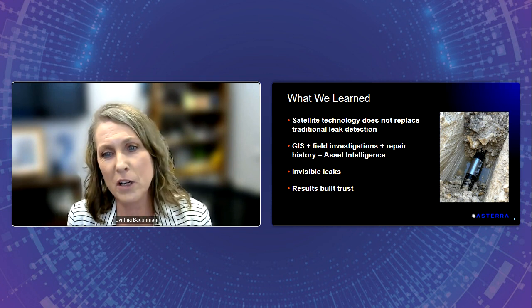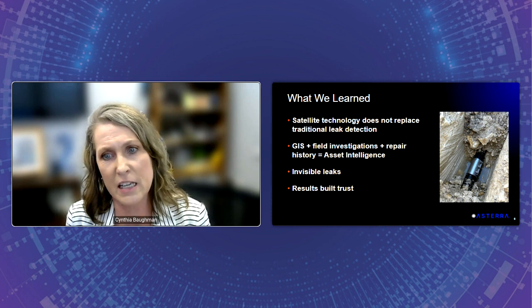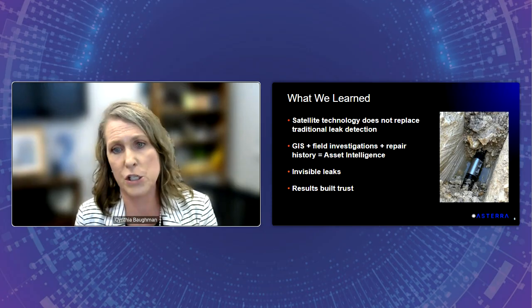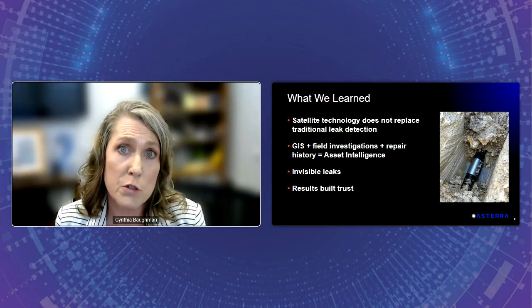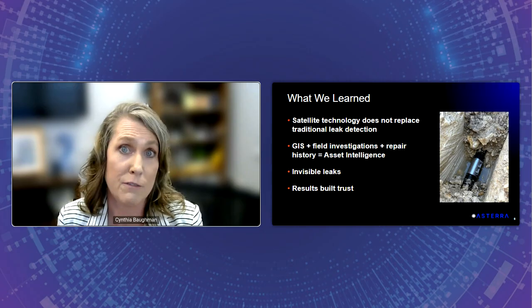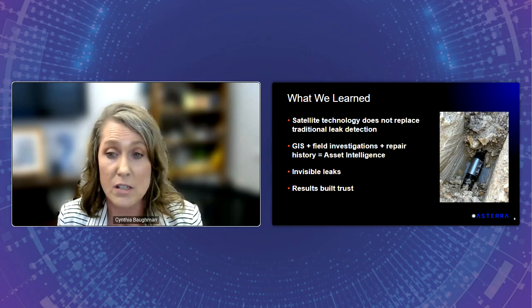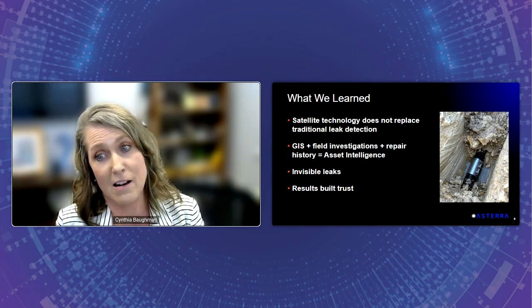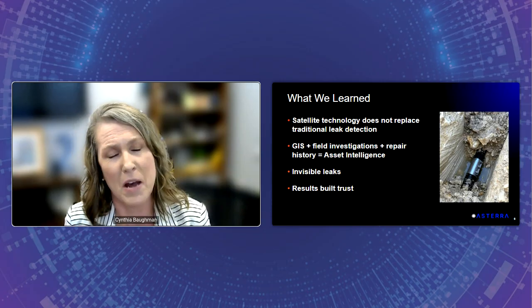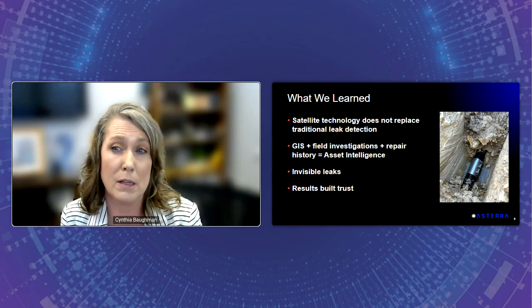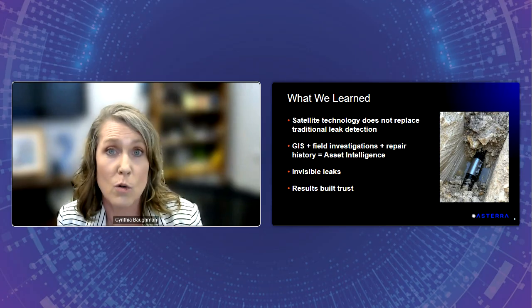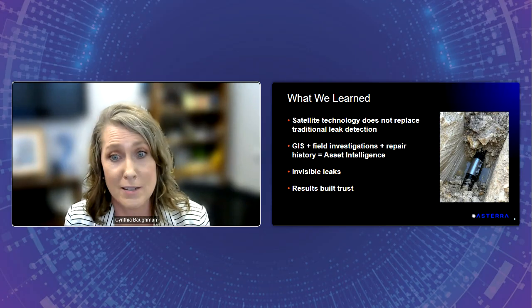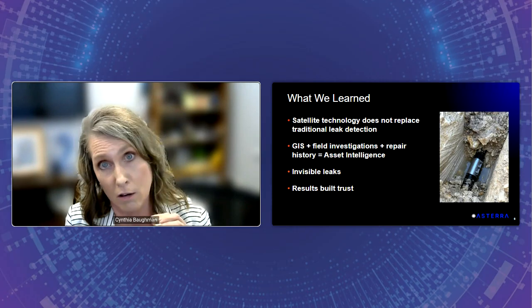We had boots on the ground identify this as a leak in November of last year. And our field crews were able to finally make repairs in February of this year. So conservative estimates put this leak at about 286 million gallons of water, or $1.3 million of treated drinking water.